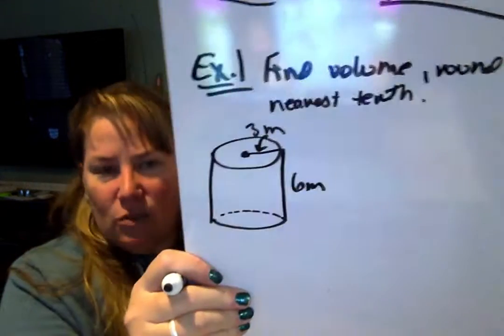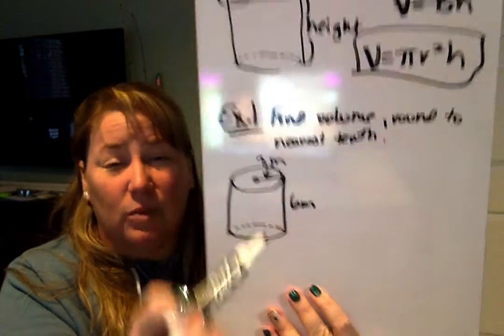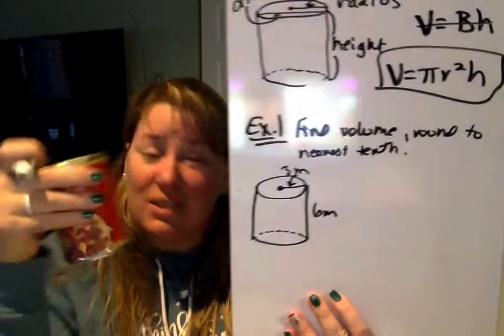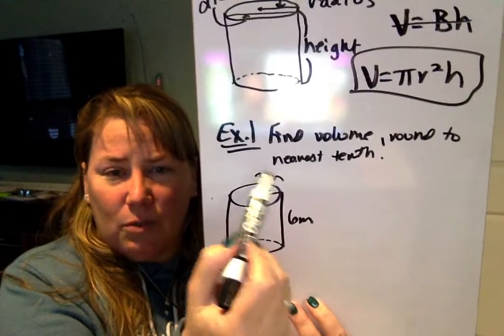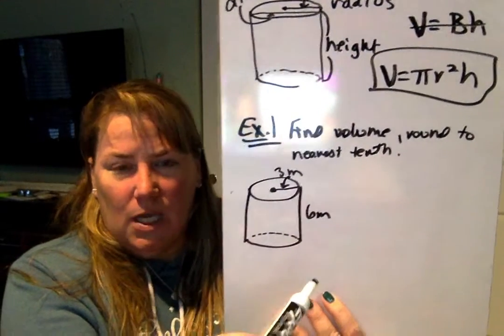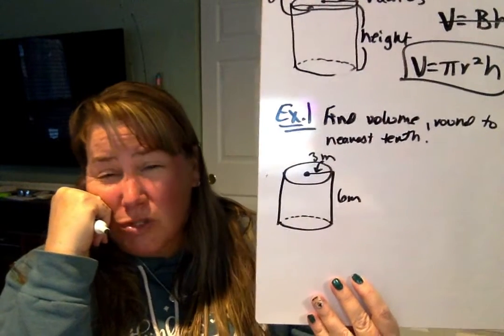Now, I don't ever want to squish that, and so I'm going to write some of these dimensions outside my shape. Remember, these are finding the volume of a solid, because it's a solid object, because it's 3 dimensions. And so I do not want to squish it, so I'm going to write outside, but with an arrow pointing in so you know exactly what I'm talking about. So 6 meters high, that's like 18 feet. That's almost twice the height of our classroom.